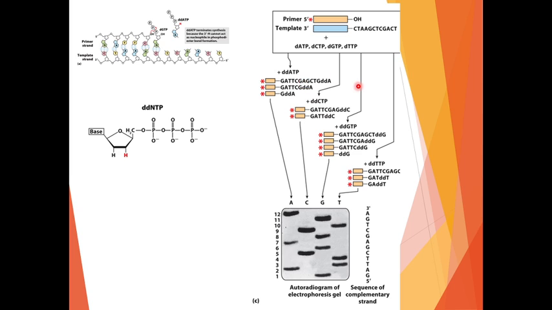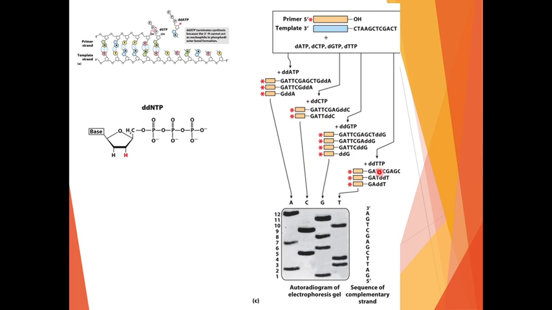It cannot add all 3 of them, remember, because if you add one ddATP, the next base is not going to form or attach. The same way with ddCTP. Wherever you see a C, those are the places where ddCTP can be added. So this is the ingenious tactic or strategy of this method: you know exactly what you're getting into.